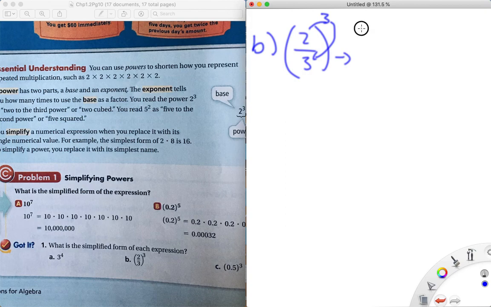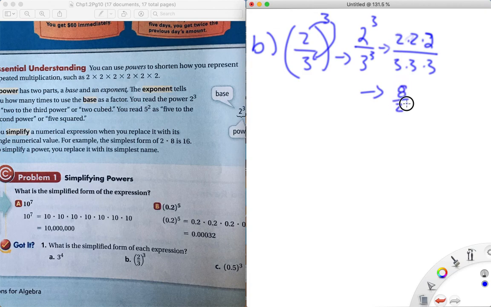So it's going to be 2 to the third power over 3 to the third power, which is 2 times 2 times 2, over 3 times 3 times 3, and that gives me an answer of 8 over 27.